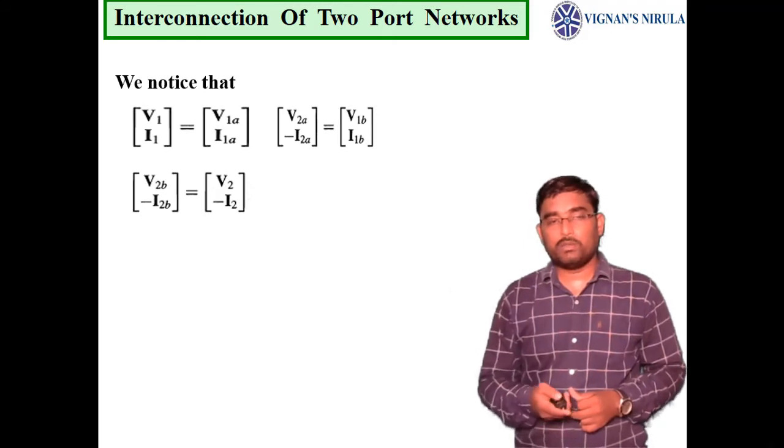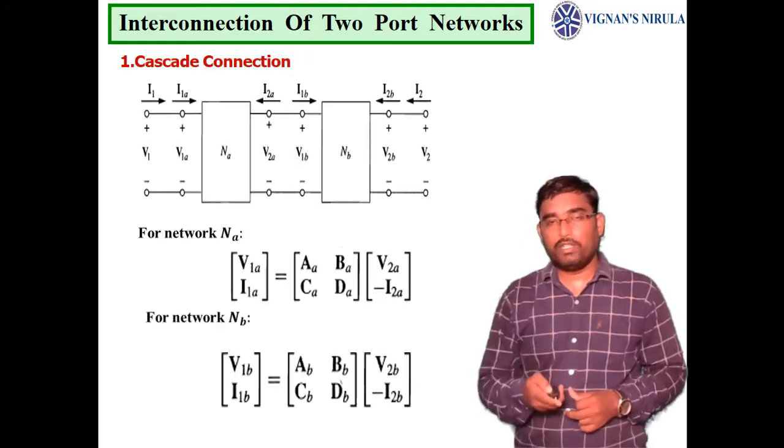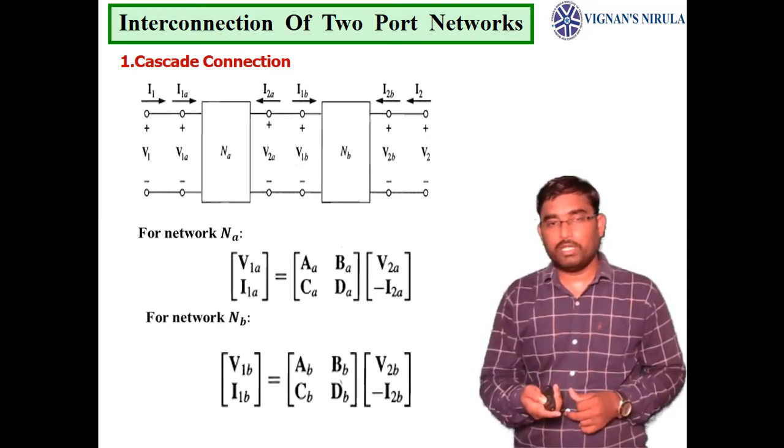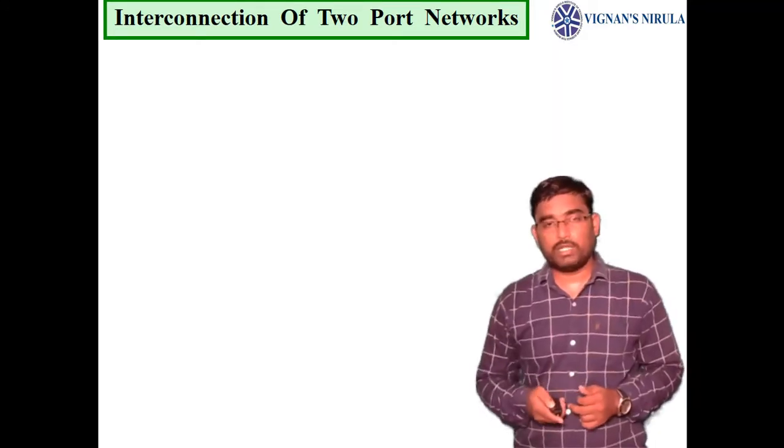And V2B is nothing but V2 and minus I2B is nothing but I2. See the figure, V2 is equivalent to V2B and I2B equals I2, meaning minus I2B equals minus I2.